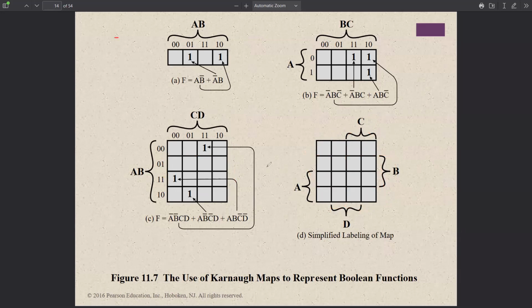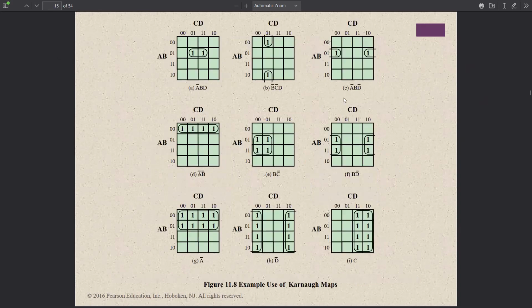So this is how you need to get an idea about Karnaugh maps, like how to map the given expression into a map. Then what we need to do is derive it, right? So I will show you the way.